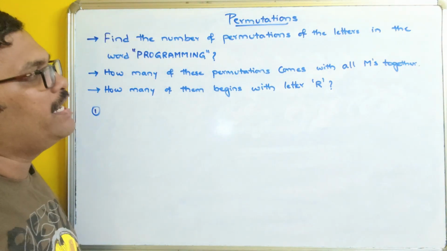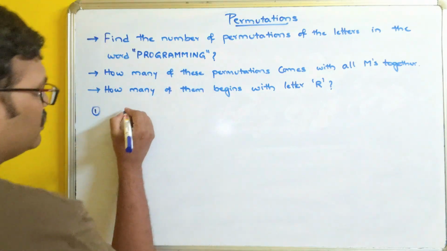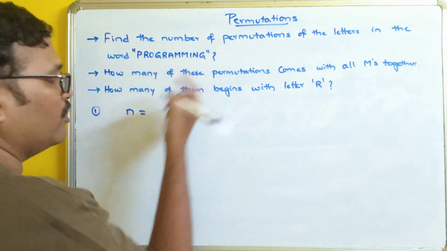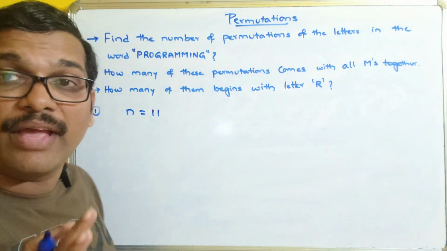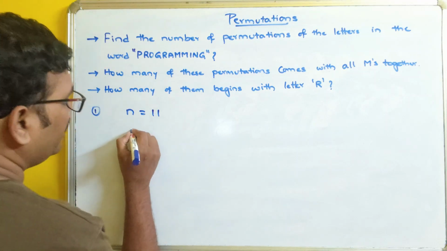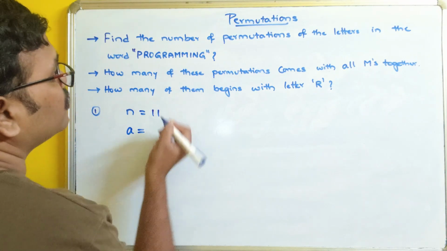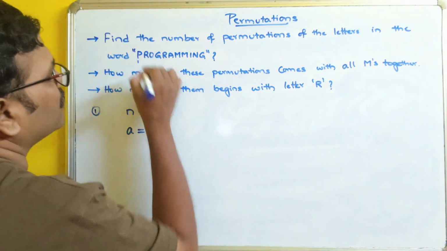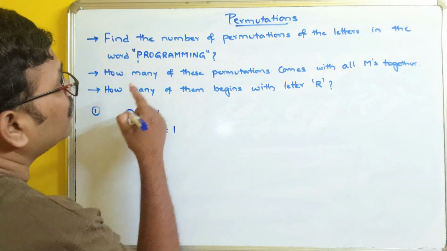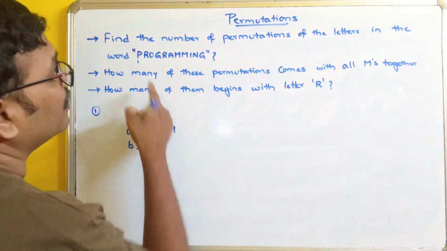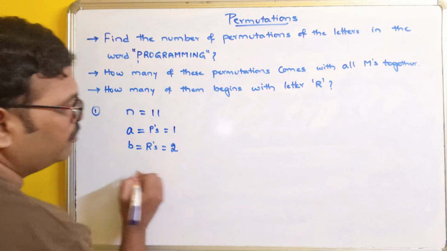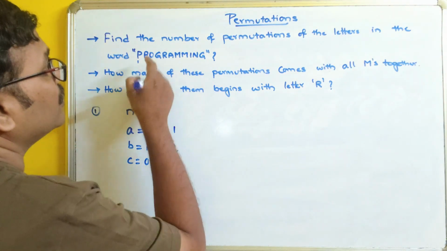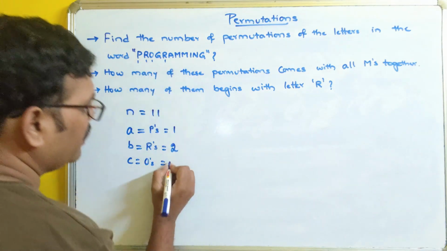The number of permutations of the letters in the word programming, right? Same approach: the number of characters n, 1, 2, 3, 4, 5, 6, 7, 8, 9, 10, 11. Here also we are getting a total of 11 characters with repetition. And a, the number of P's, it is 1. And b, the number of R's, 2. And c, the number of O's, it's 1.